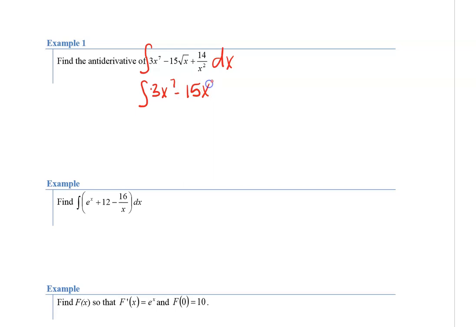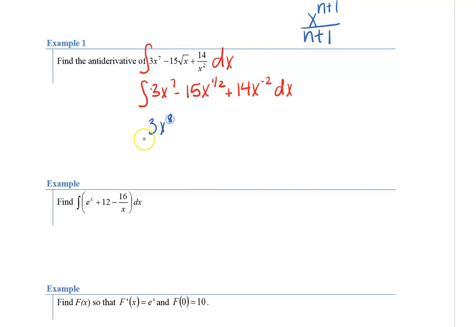I'm going to take that square root and write it to the 1/2 power. And then I'm going to also bump this exponent up into the top and make it negative. Doing both of these is going to make my life easier because we're going to be applying the power rule. Our power rule states that we want to add 1 to the exponent and divide by the new exponent. So I'm going to do that here. Now 3 is going to go along for the ride.